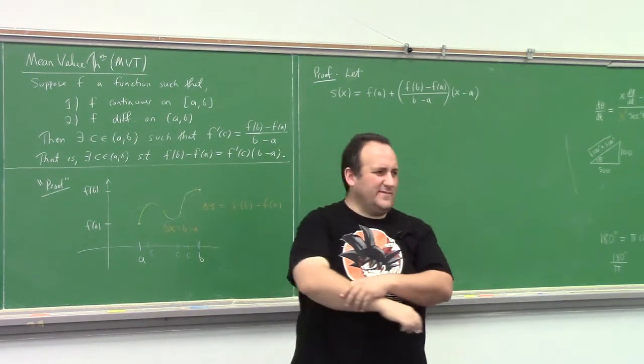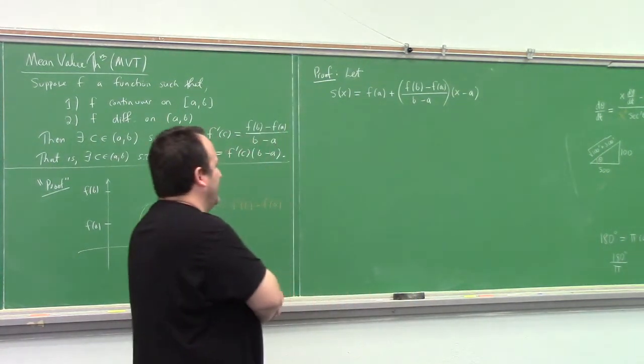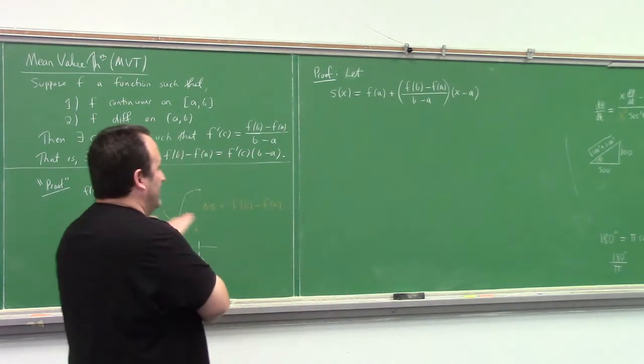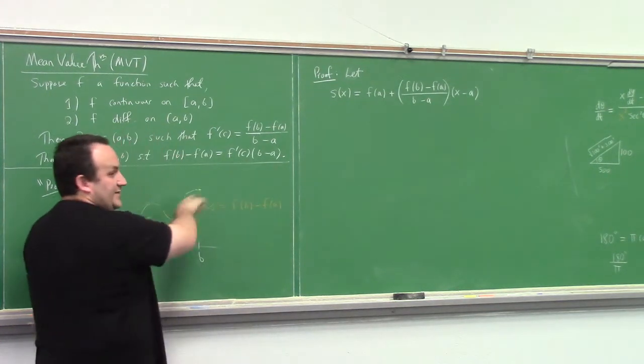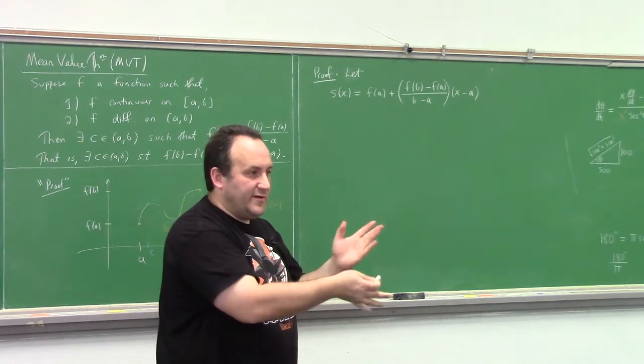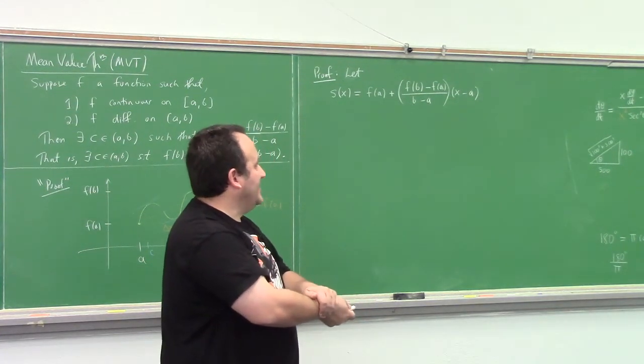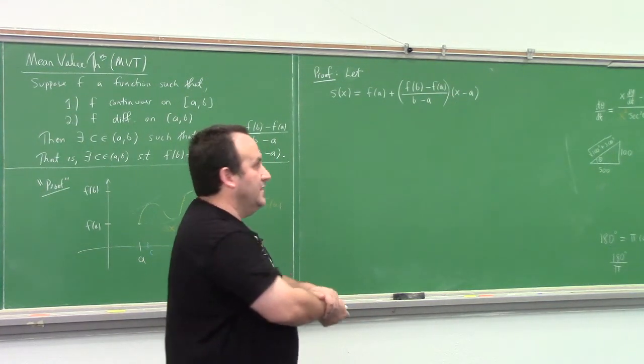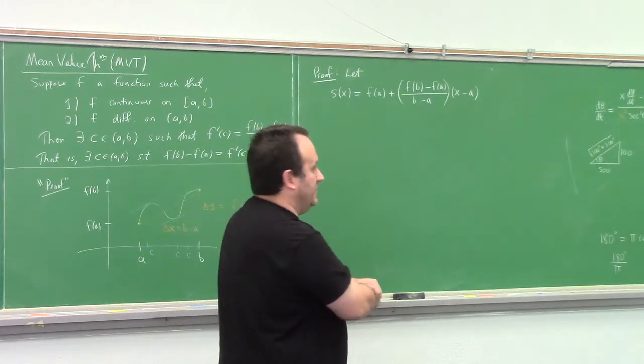So that is the equation of the secant line. That is the equation of the orange line that I drew over here. It has slope equal to the average rate of change, and it's based at a comma f of a. Now, check this function out.